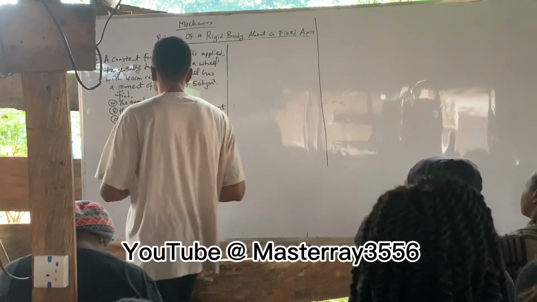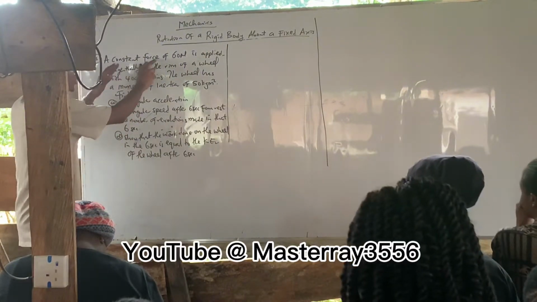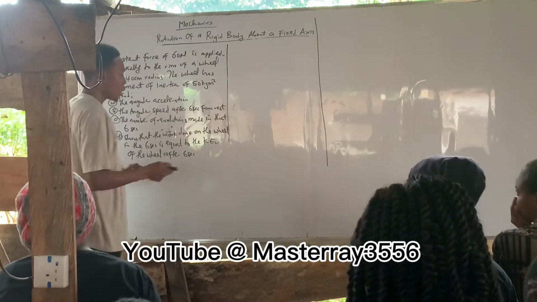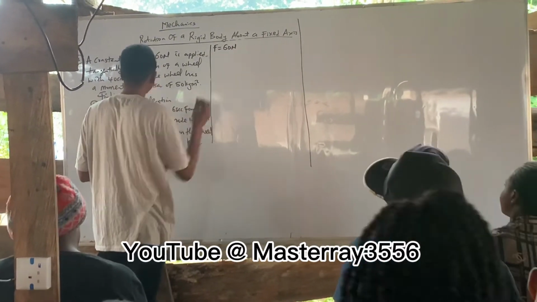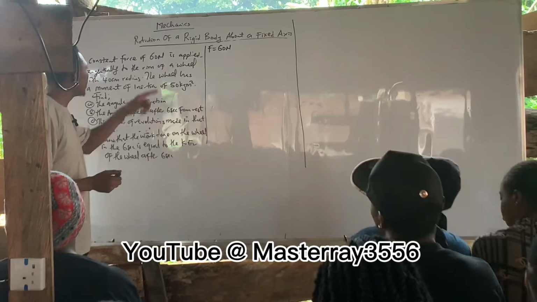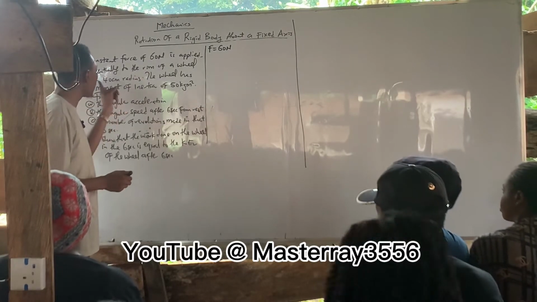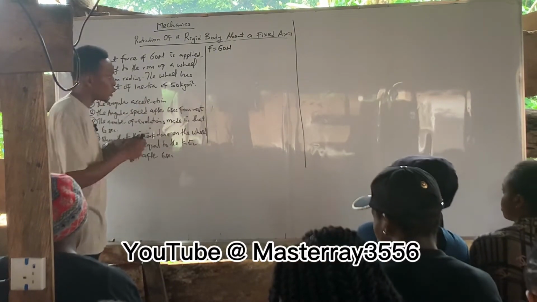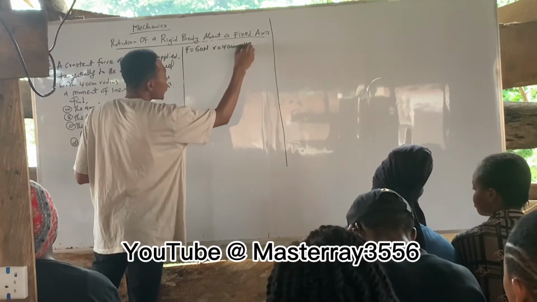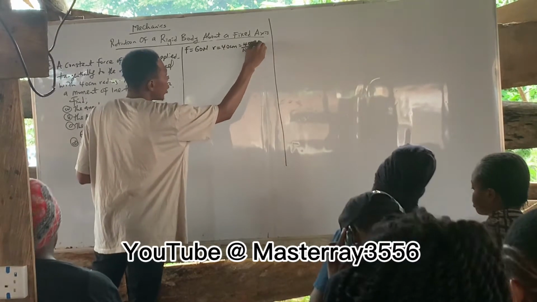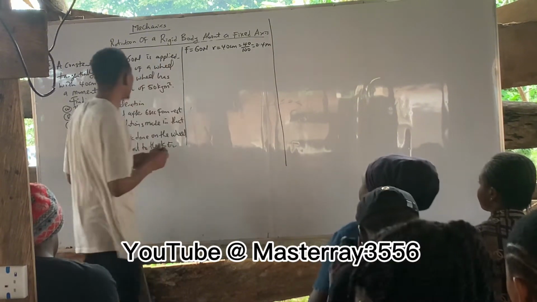Now let's bring out the parameters. We are told that a force of 60 Newton. So we are given our force, that's 60 Newton. Then it's applied tangentially to the rim of a wheel of 40 centimeter radius. So our radius is 40 over 100, 0.4 meter.